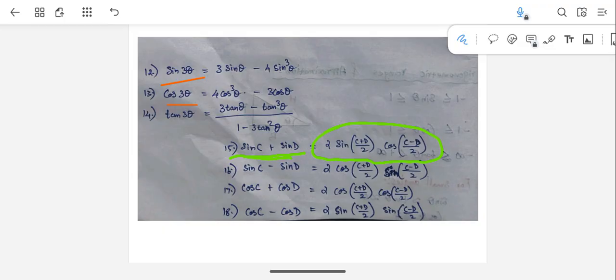But why you need to learn this is to solve your NEET questions from other chapters. So in trigonometry you need to remember these things: trigonometry ranges, trigonometric approximation, trigonometric identities, and the 18 formulas I have given you.